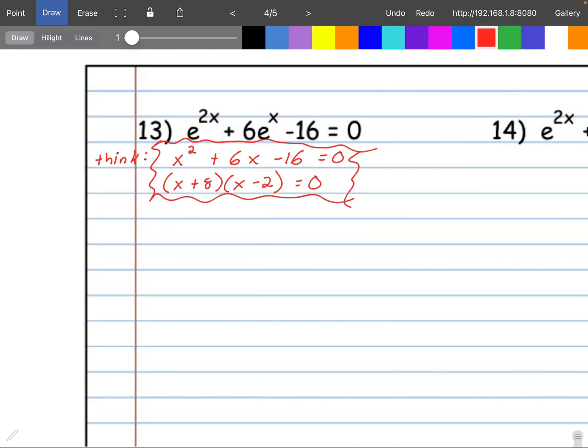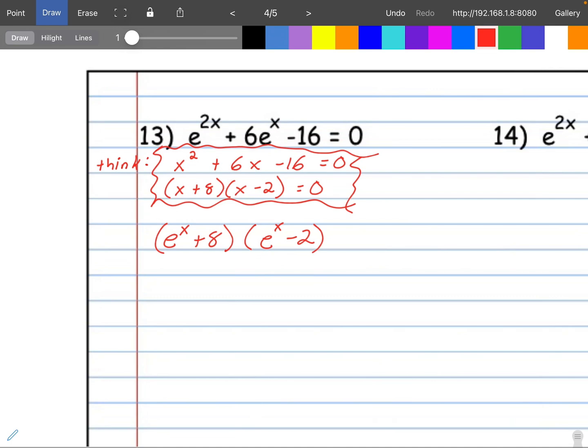So then this is really going to be e to the x power plus 8, and then e to the x power minus 2. So our x's became e to the x power. But other than that, the factoring is the same.